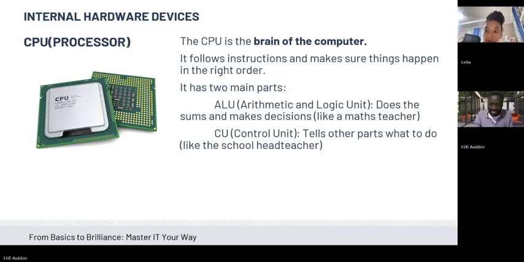Then we have the control unit, which tells other parts what to do, like the school head teacher. It will say, bring this information, the rest wait, it will get to your turn. More like a conductor, making sure things happen in the right order. It doesn't happen haphazardly.